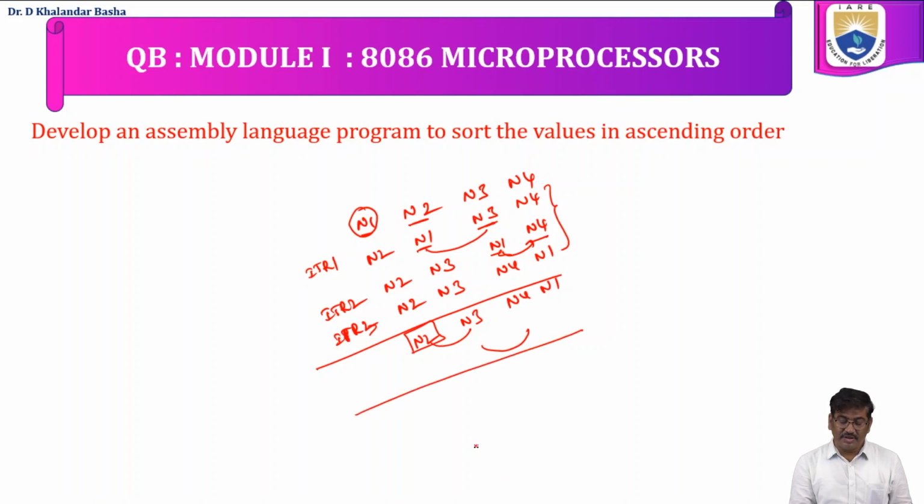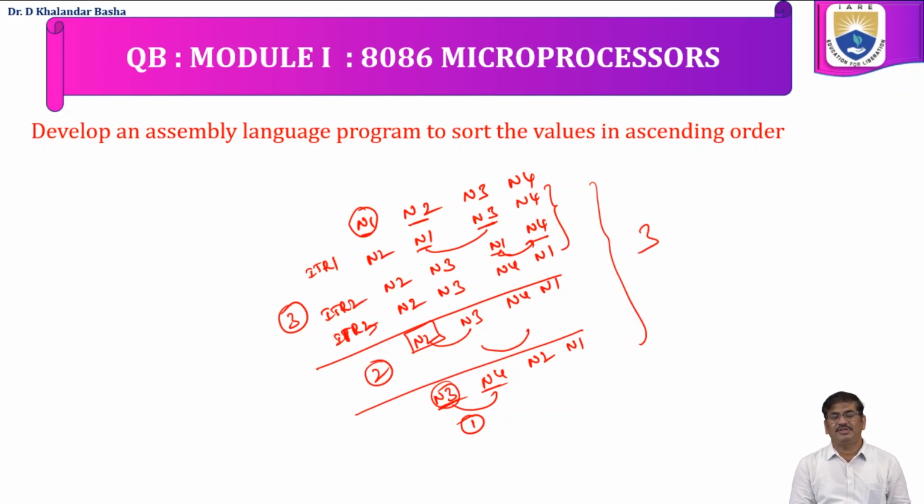Next time, we check the N3 position, N3 with N4; this is N2, N1 after this. Then we compare N3 and N4. So only one comparison here, 2 comparisons here, 3 comparisons here. Like this, the comparisons totally will take 3 rounds.